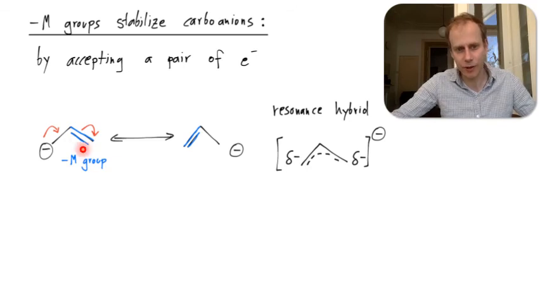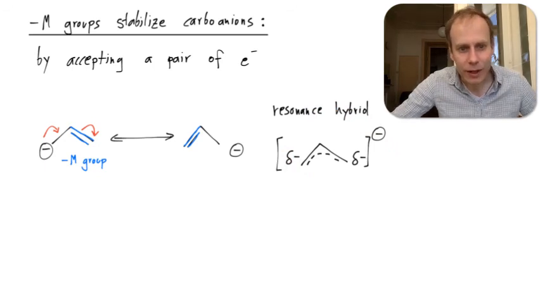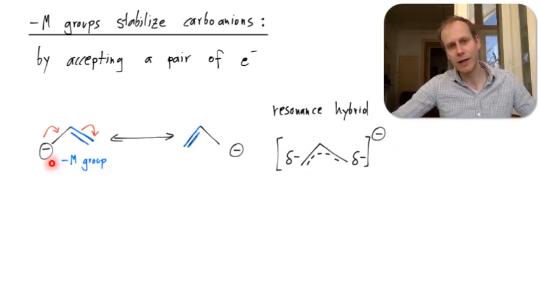So instead of drawing the pi bonds on one pair of carbons or on the other, we can also draw it with this dashed line, and that indicates that it is delocalized and that we have a partial negative charge at the end carbons, and overall charge of this Allyl Anion is negative. So negative mesomeric groups stabilize carbanions by accepting a pair of electrons, right?